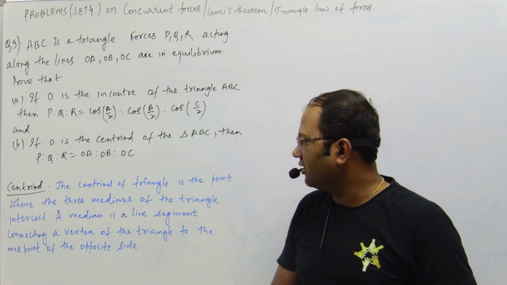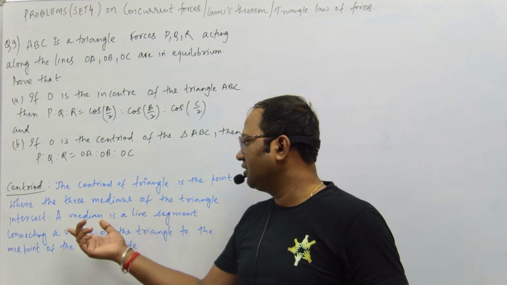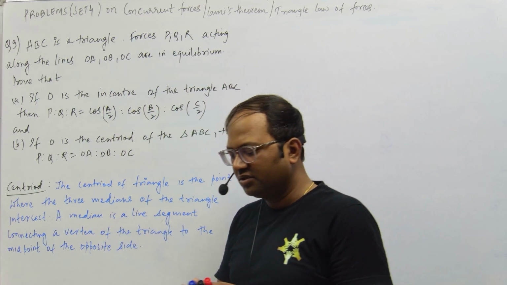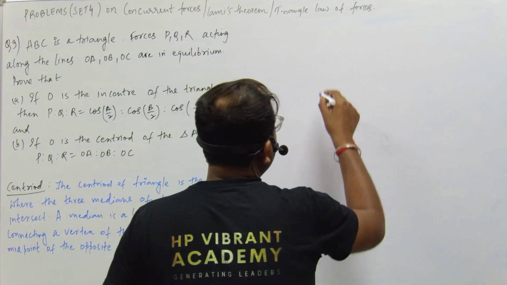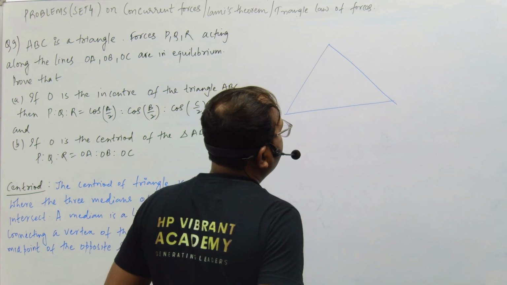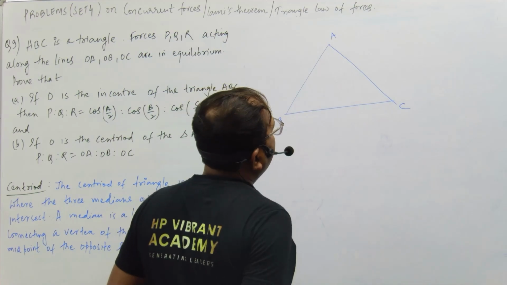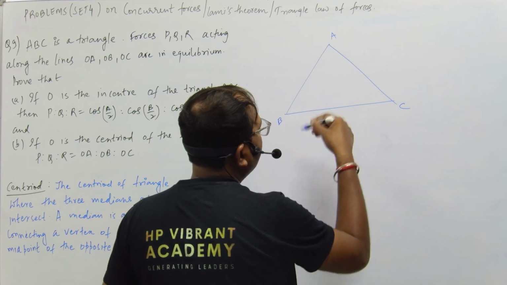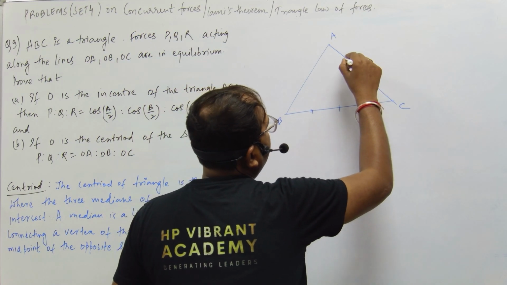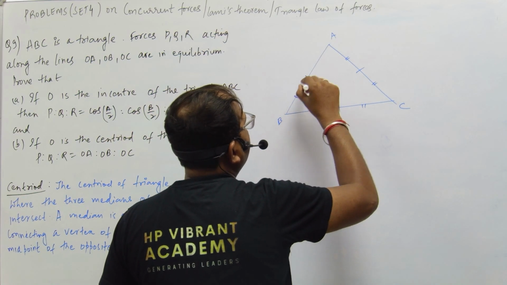The centroid of a triangle is the point where the three medians of the triangle intersect. A median is a line segment connecting the vertex of the triangle to the midpoint of the opposite side. Let us understand this. We have a triangle like this. Let us take the vertices as A, B and C, and the midpoints of the sides. The midpoint of AB is somewhere here.